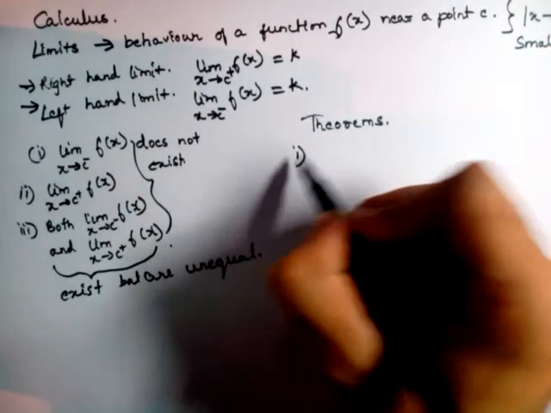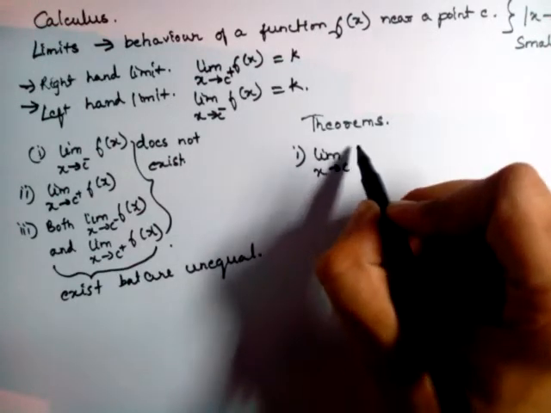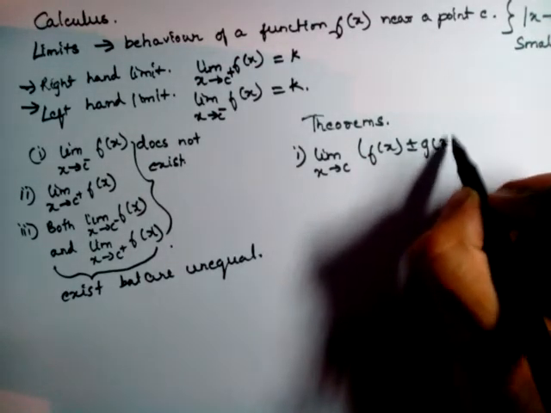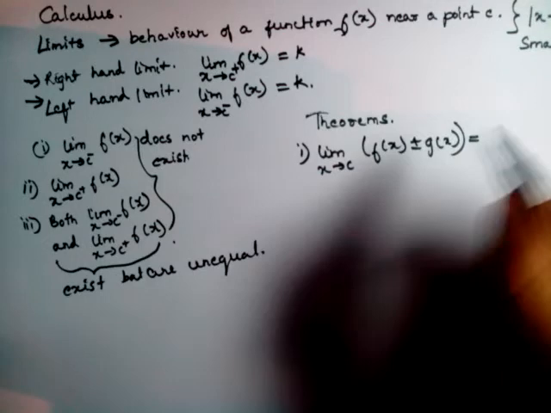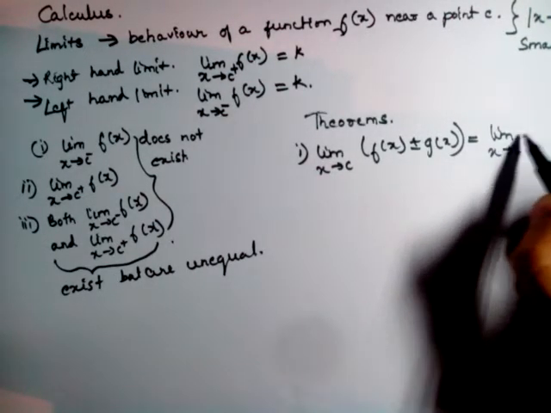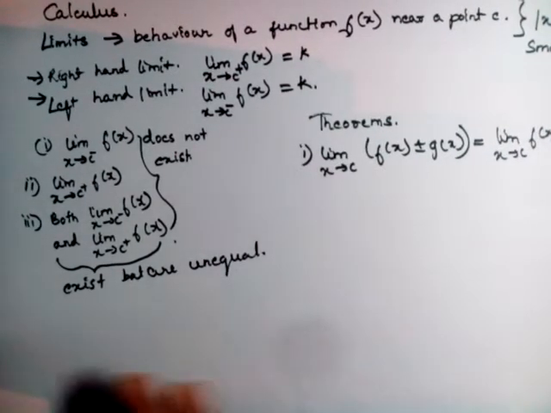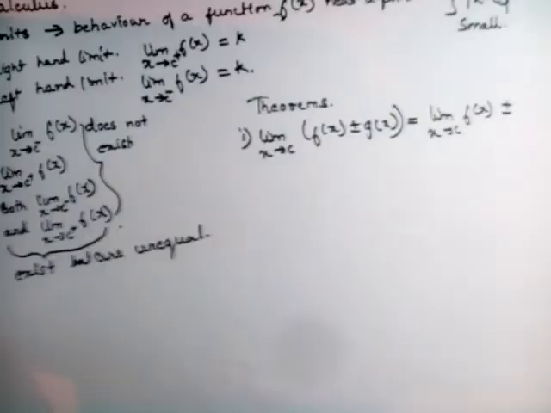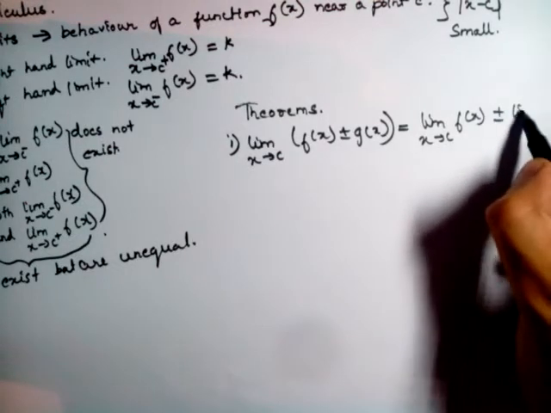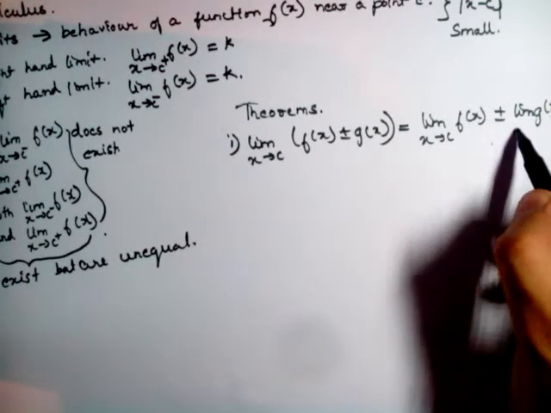The first theorem states that limit x tends to c of f of x plus or minus g of x is equal to limit x tends to c f of x plus or minus limit x tends to c g of x.